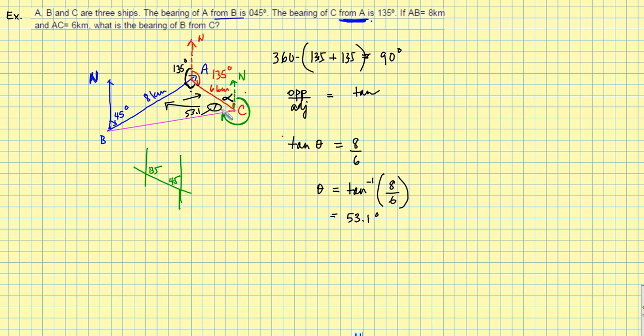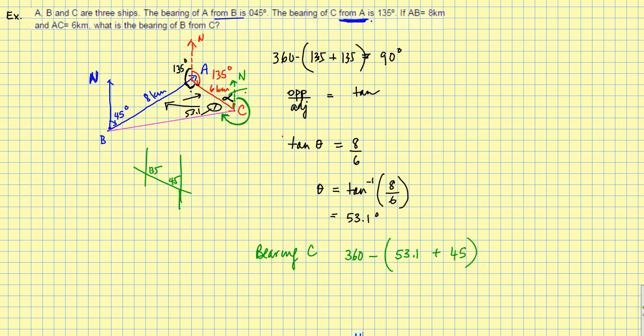And because the two angles here added up together and subtracted from 360 will give us our angle C, we can say, therefore, that the bearing from C towards B is going to be 360 degrees minus the sum of the 53.1 degree angle plus the 45 degree angle that we found from the parallel lines and the transversal.